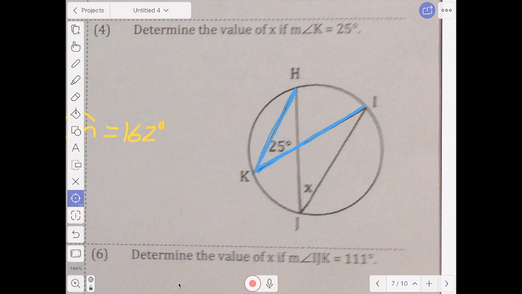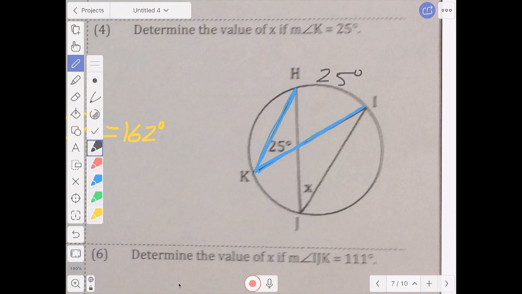So the question is, how is that going to help me, knowing that this is 25 degrees on the circle? I'm sorry, 50 degrees on the circle, twice as much. So how could that help me figure out the answer to my question? Well, I'm looking for angle X. I'll trace that over in green.